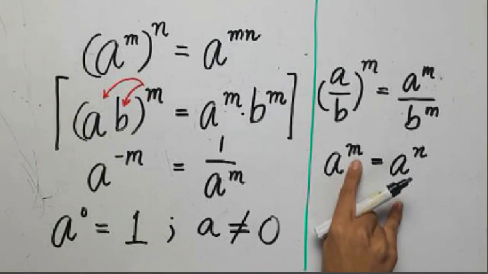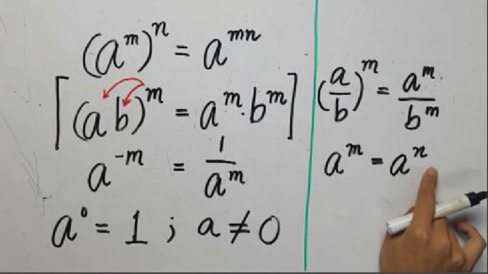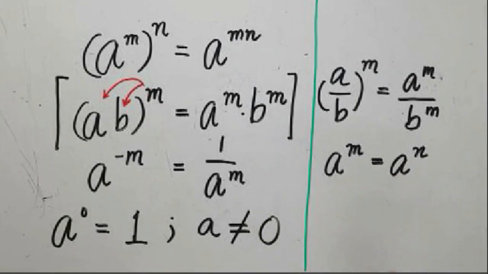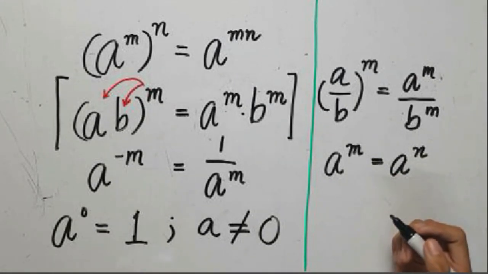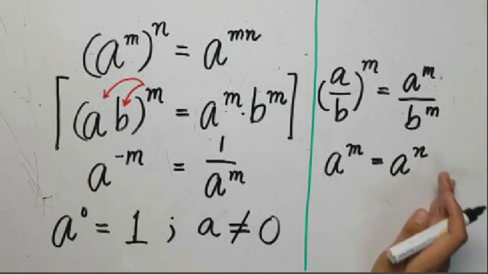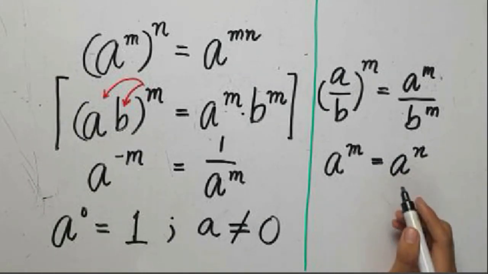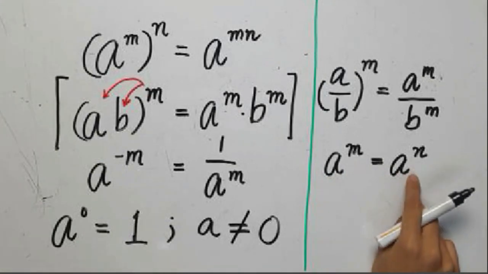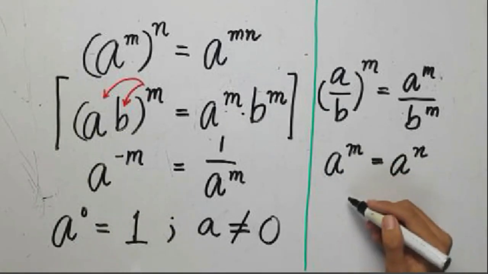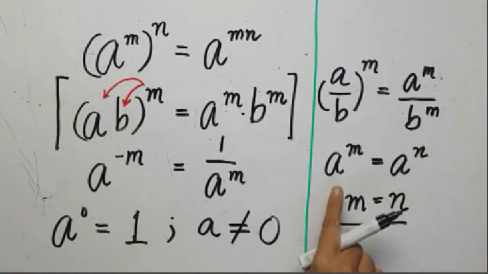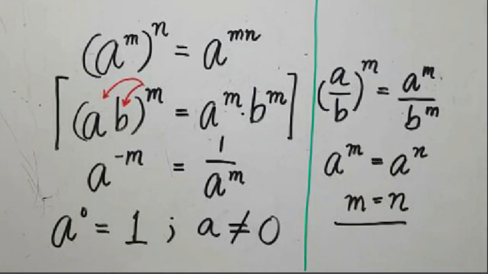A raised to m, if equal siya sa a raised to n, magagamit ito sa pag-solve ng equations which involves exponents, lalo na kapag merong mga radical sign and mga exponents. So kung si a raised to m is equal to a raised to n, then therefore, their exponents are equal. M is just equal to n, provided na parehas yung base nila. Okay?